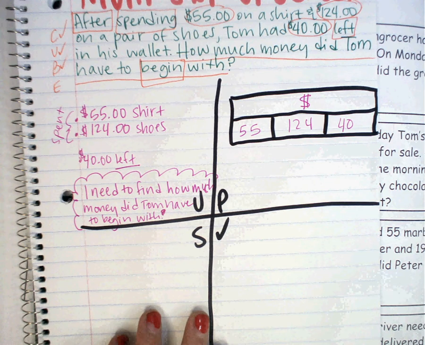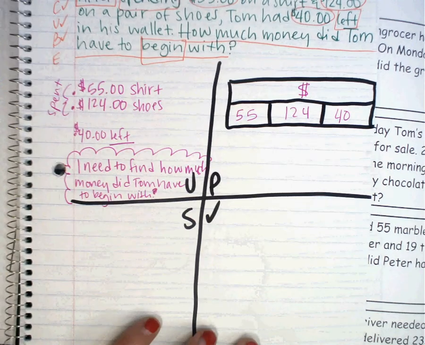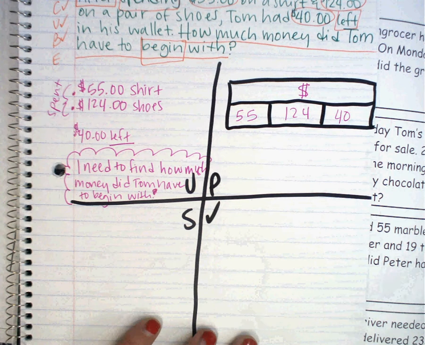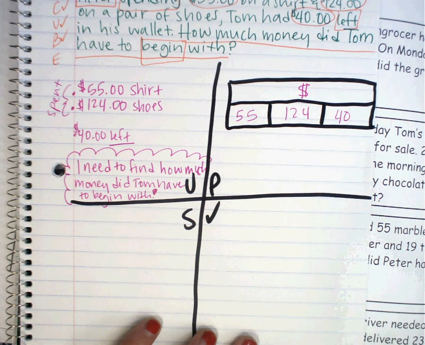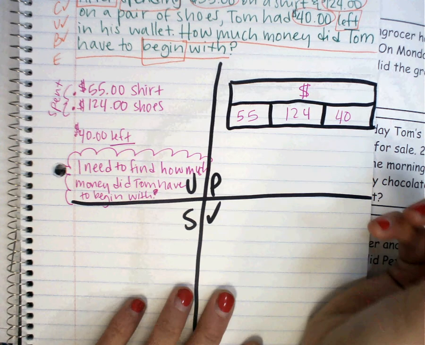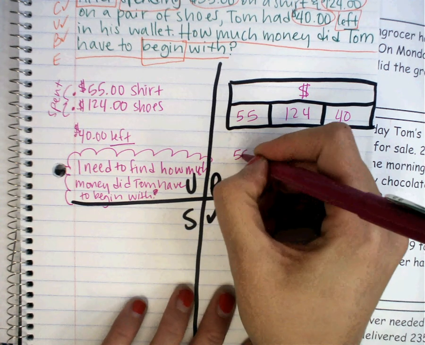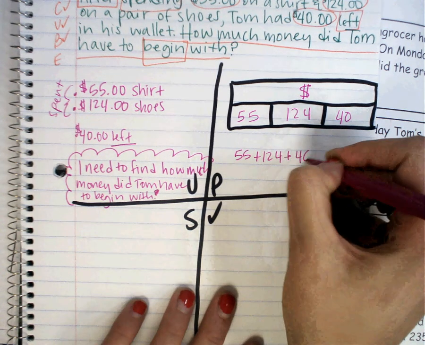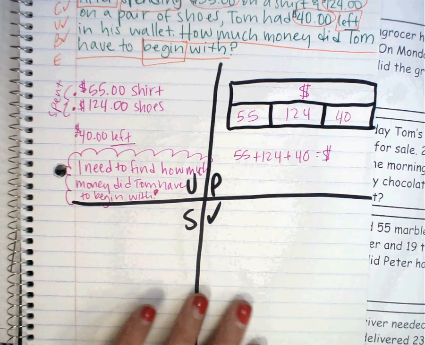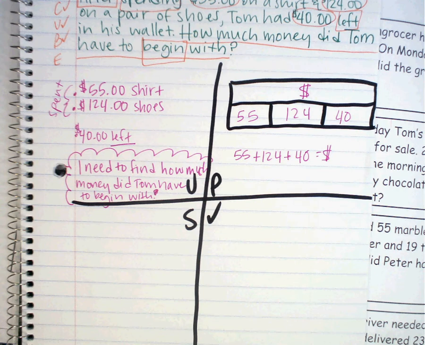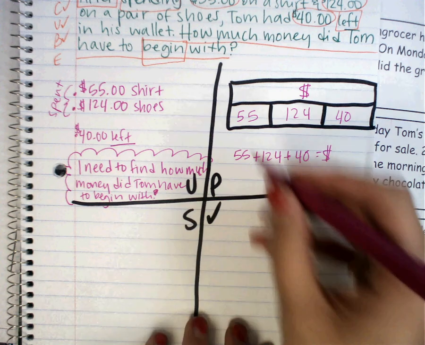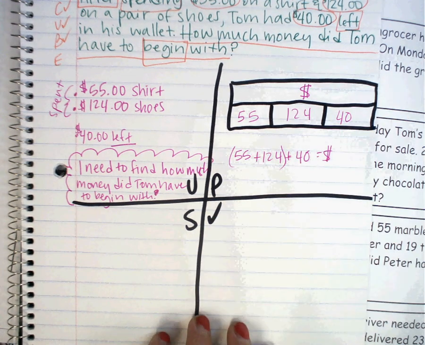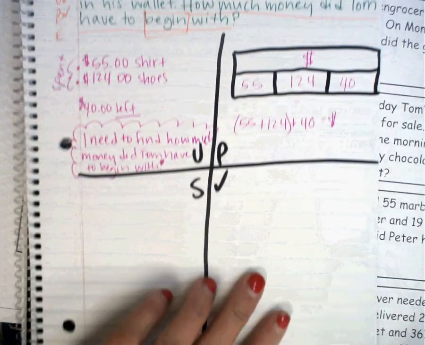You only have as much money as you have. You can't be multiplying it. So I know I'm going to be adding that money together to see how much money he started with. So it's going to be 55 plus 124 plus 40 equals the dollar sign. We don't really need any parentheses with this because it's not multi-step. It just means that we're adding a few times. Well, if you wanted to, you could put the parentheses around these two, add those two, and whatever your answer is, you add that, right? So let's go ahead and do that.